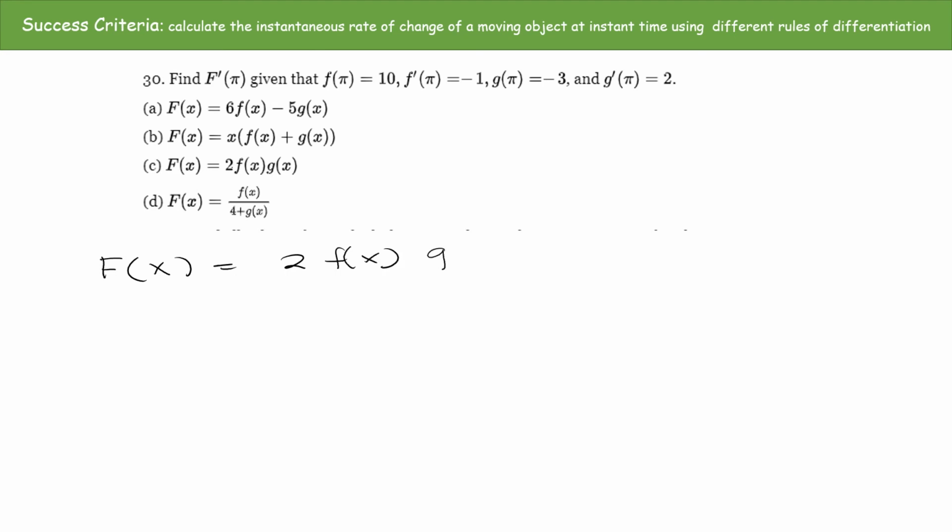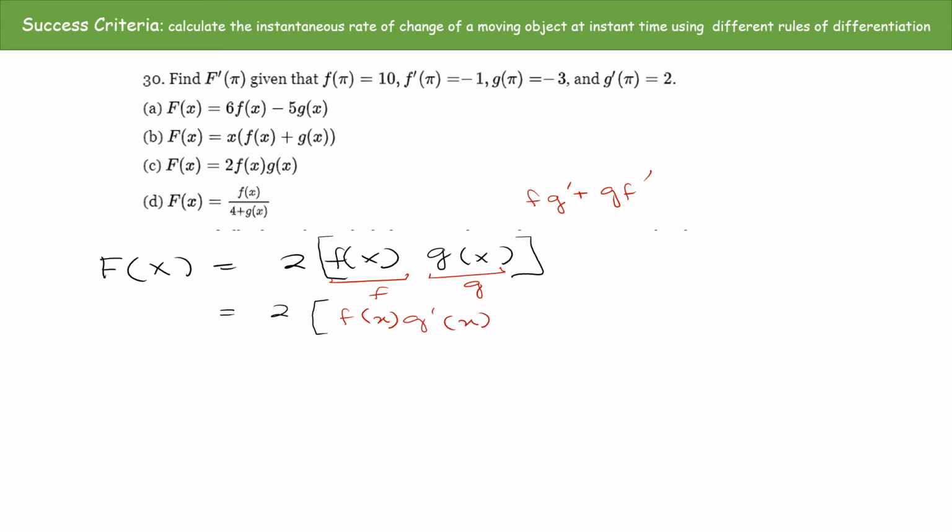Here we have to apply the product rule again. So take the 2 outside as a common factor and then apply the product rule inside, keeping in mind that this is your first function f and this is your second function g. We know the product rule: fg prime plus gf prime, which means we write the first function as it is, take the derivative of the second function, plus g of x, the second function, and take the derivative of the first function.